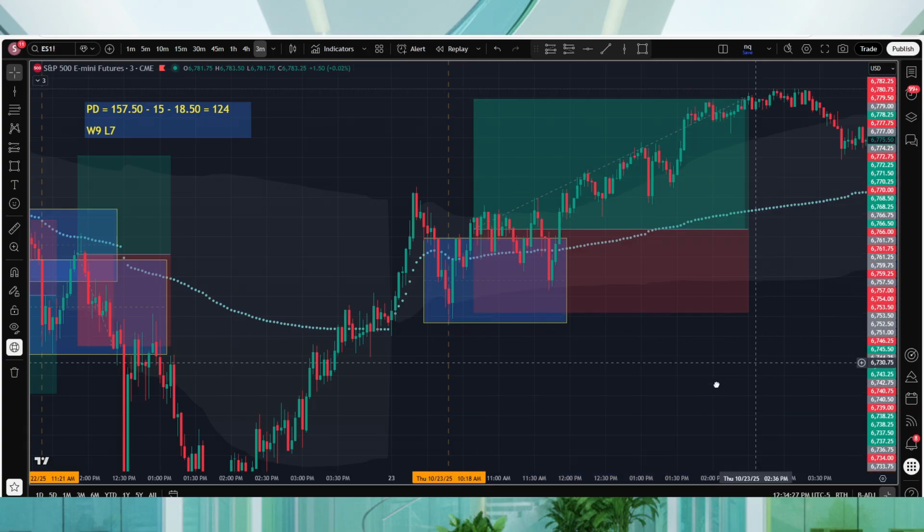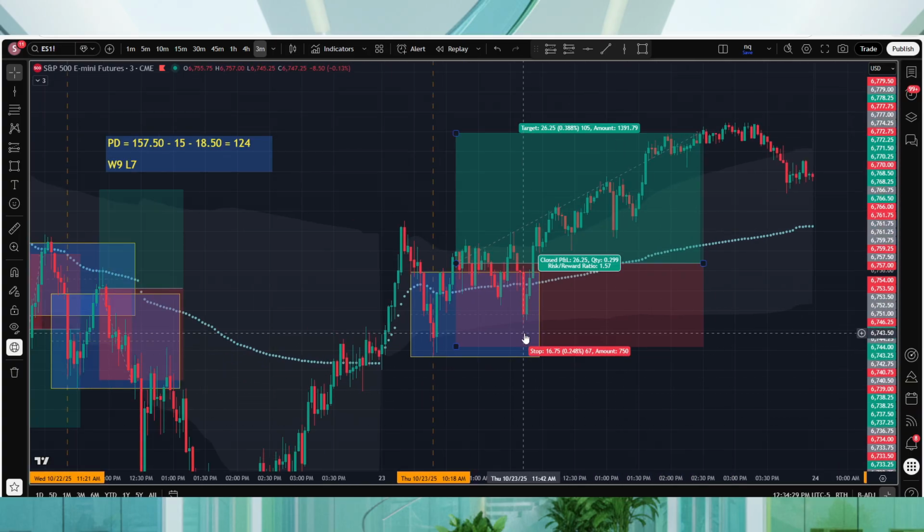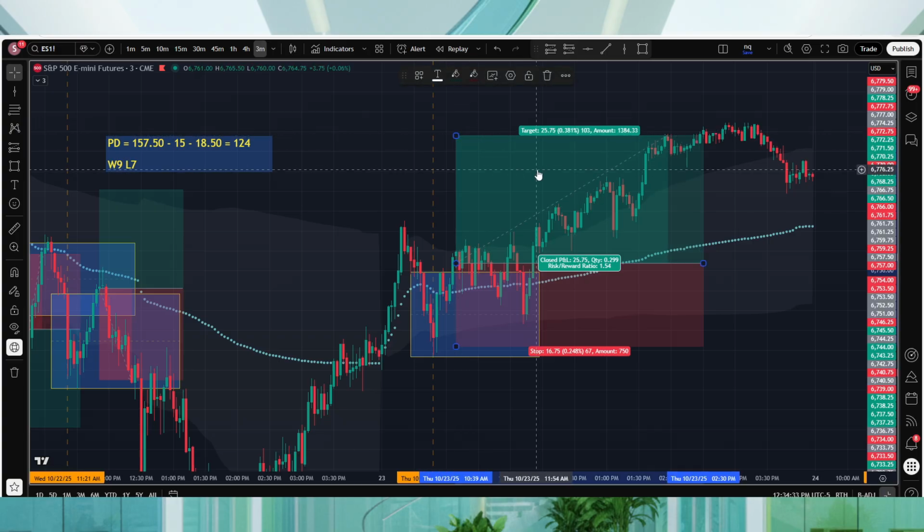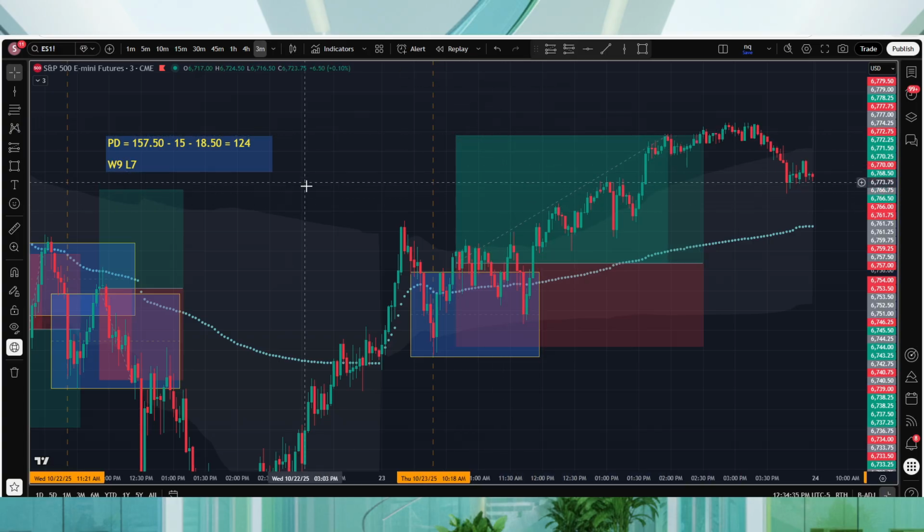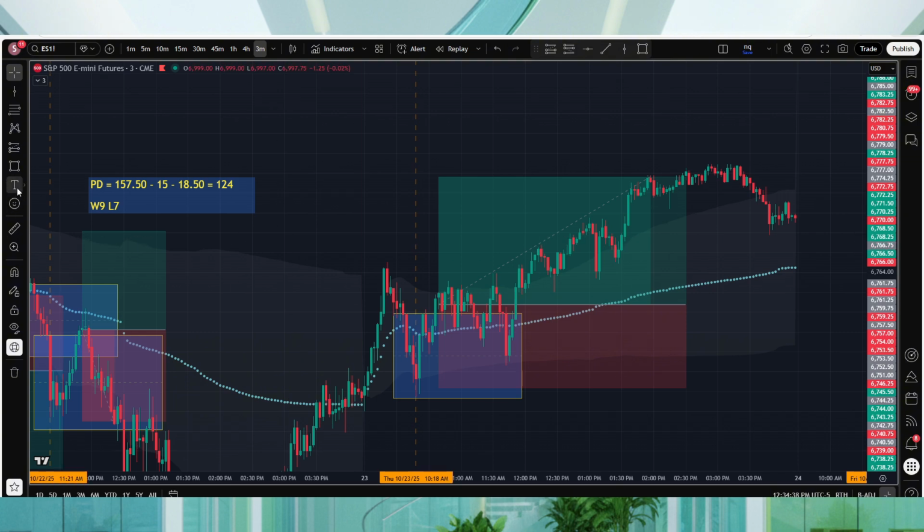I'm not so strict when I actually take trades. But yeah, so around 17 points. And 25.75. All right. So PD equals 124 plus, was it 25.75?